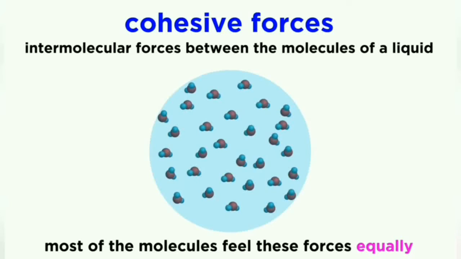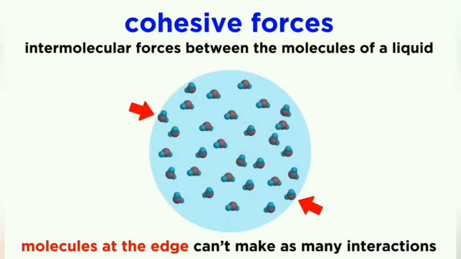In a liquid, these cohesive forces are felt equally in all directions by most of the molecules, but not for the molecules that are at the surface of the liquid. These molecules only interact with half as many molecules as the others because they are at the edge of the substance with no more molecules to one side.